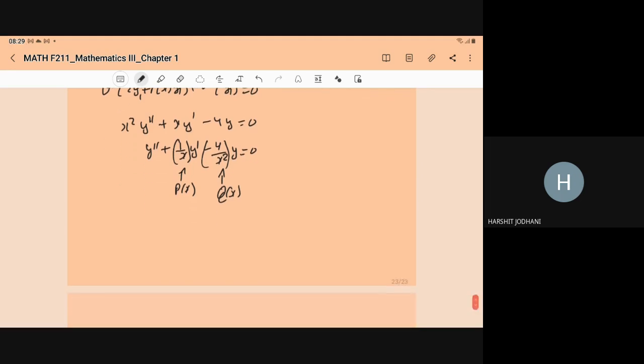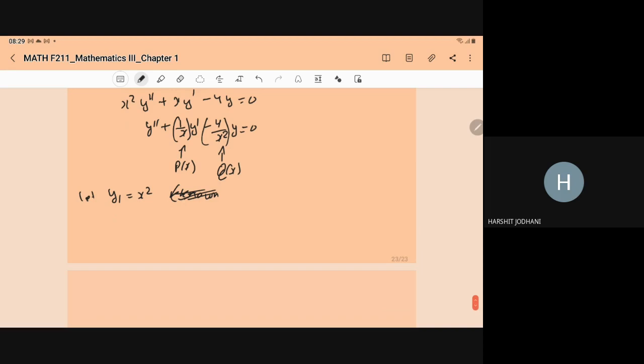Now let y1 is equal to x square, the known solution. First we have to verify that it is the solution. So y1 is equal to x square, so y1 dash is equal to 2x and y1 double dash is equal to 2.